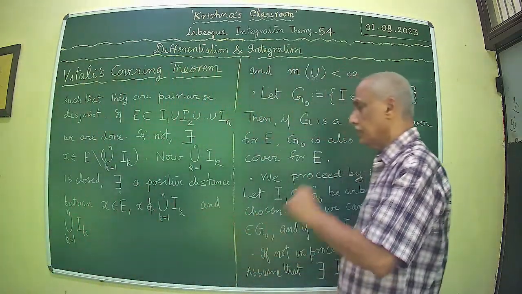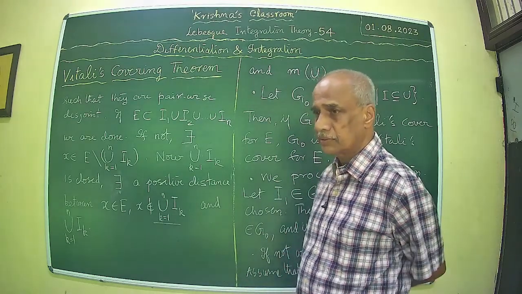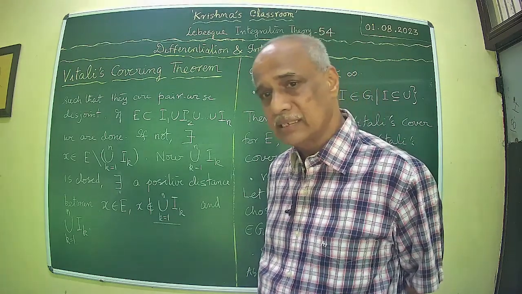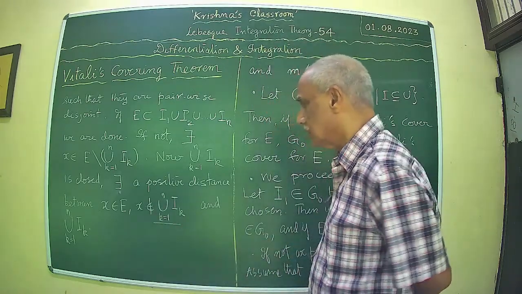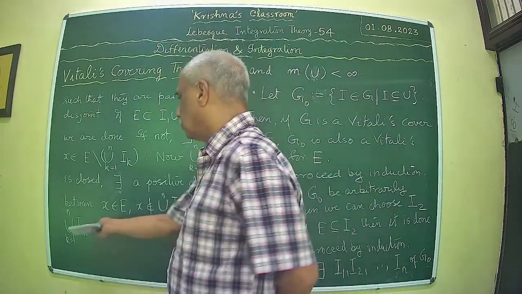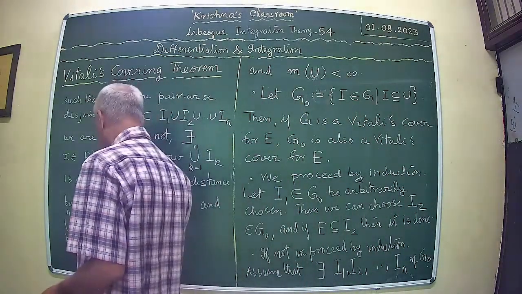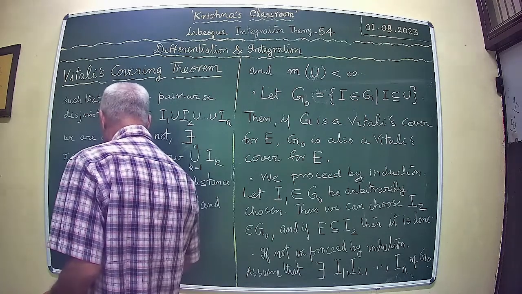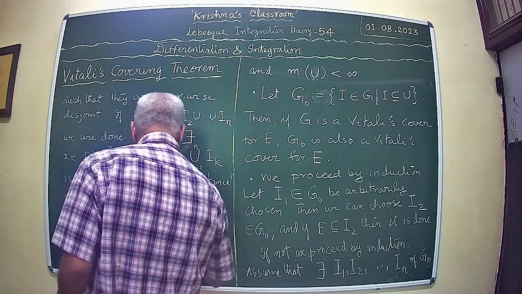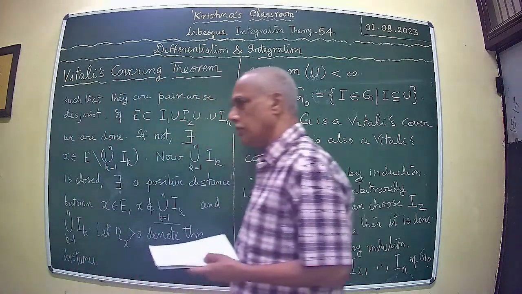So this is what you have. See, if this is not providing you with a cover for E, then there exists some x belonging to E which is not inside this, and you know that this is a closed set. Therefore, there is a positive distance from x to this finite collection. Okay, so let eta x be that positive distance. These are all elementary topological facts.